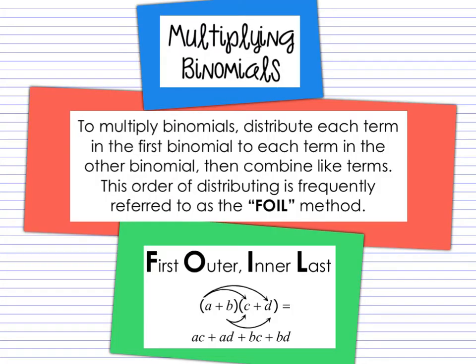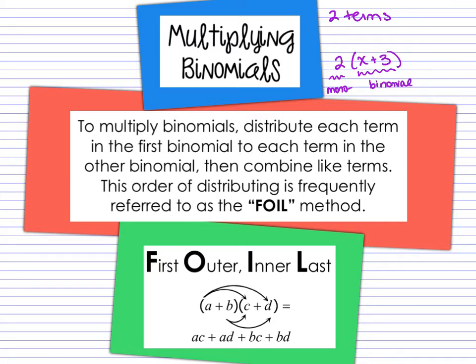Okay, so multiplying binomials. Binomial means two terms. When we've had terms in the past, if we've had something like 2 times x plus 3, well, this is a monomial times a binomial. This is the monomial, and this is the binomial.